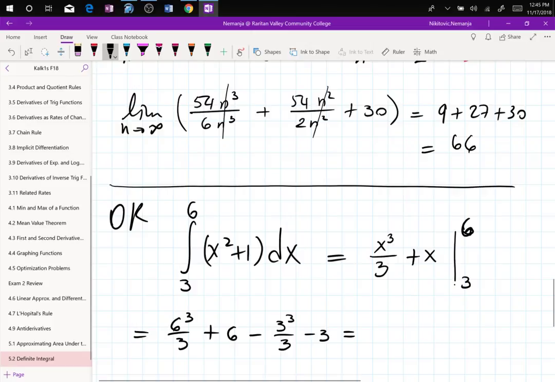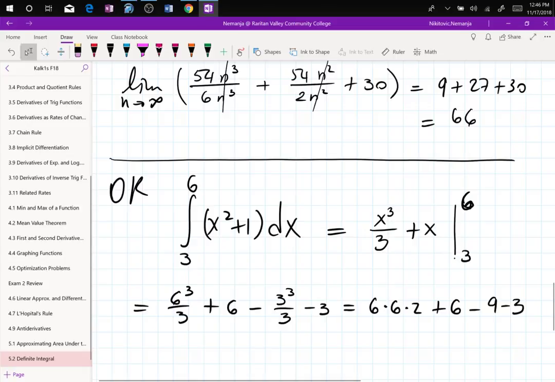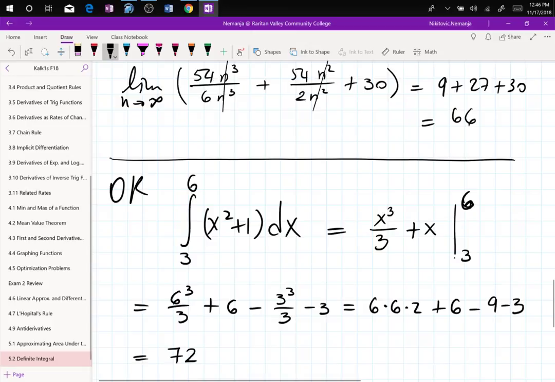Now 6 cubed over 3 would be 6 times 6 times 2 because the 3 cancelled, plus 6 minus 9 minus 3. 6 times 6 is 36, 36 times 2 is 72. 72 plus 6 minus 12 is 66.